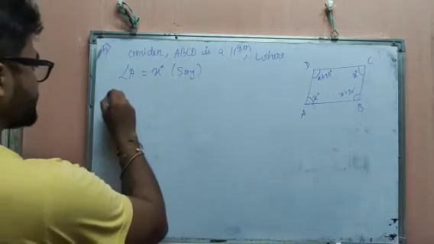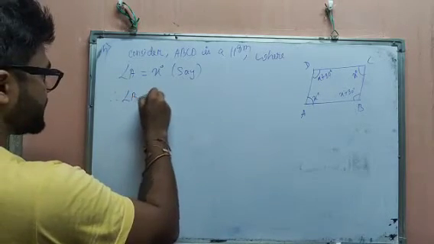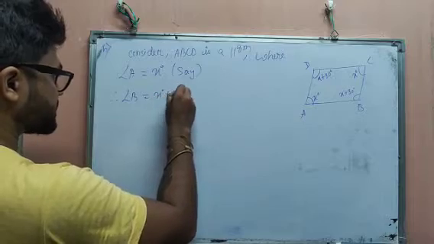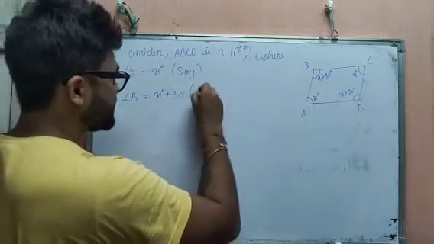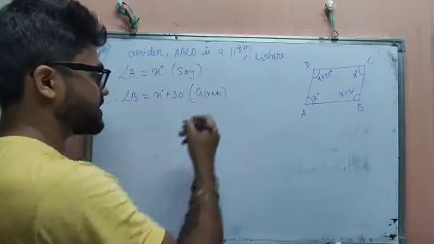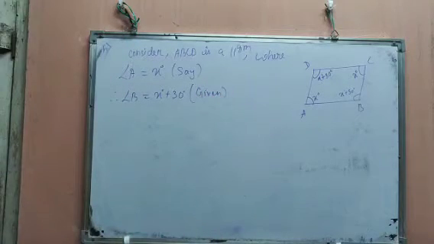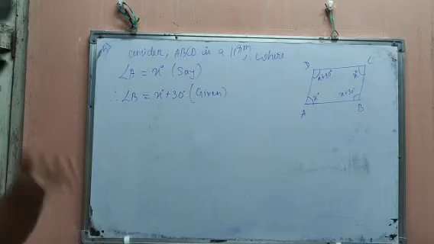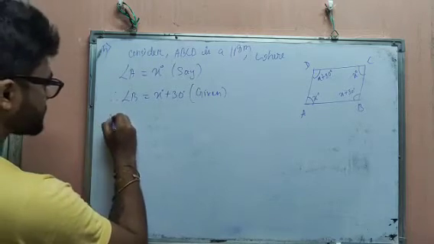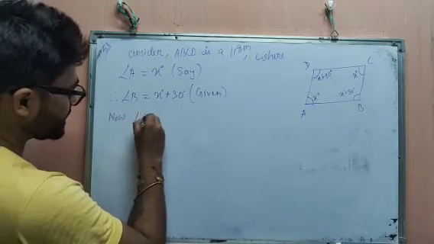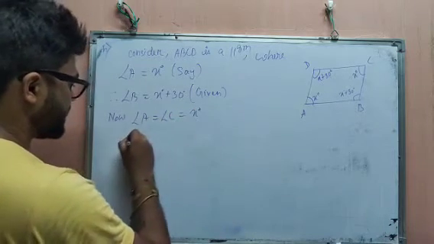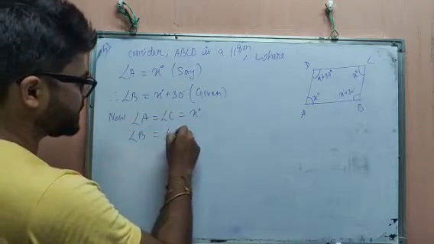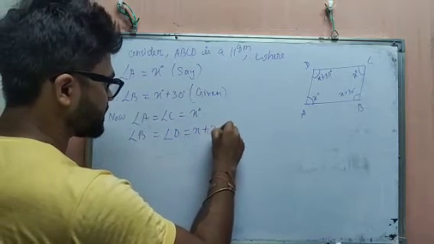Okay, therefore angle B equal to x degree plus 30 degree. This is given that this is the x degree plus 30 degree. Okay, next we can write now angle A equal to angle C equal to x degree, angle B equal to angle D equal to x plus 30 degree.